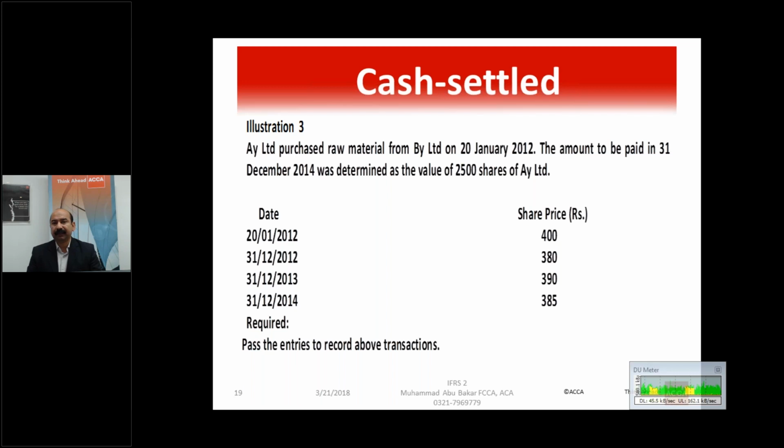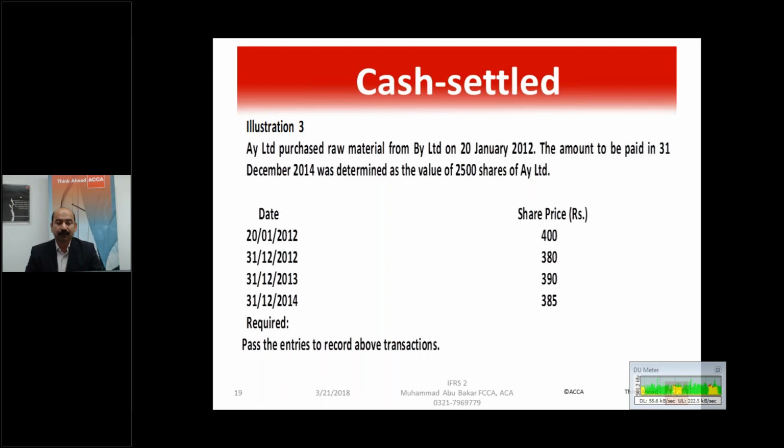So this will give now your liability at the end of 31st December 2013 will become, I suppose, 975. Like if we just multiply, we can check it, 390 into 2,500. This will give us, yes, 975,000 at the end of 31st December 2013.